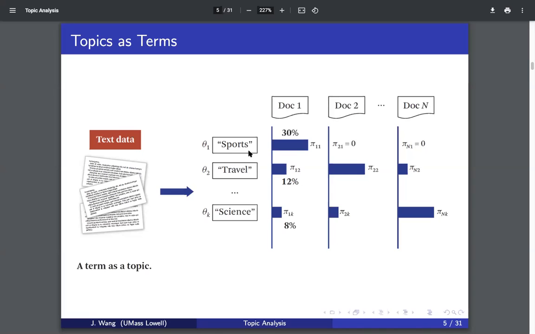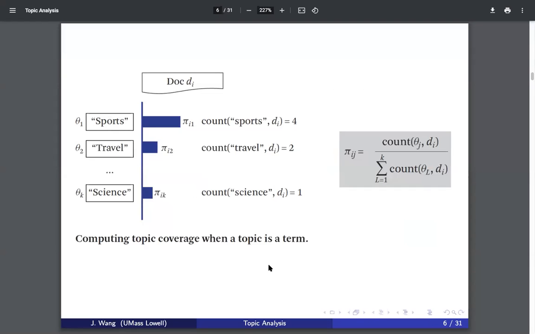That makes it easier, so you don't have to decide whether a word is really related to sports or travel, where there is always some ambiguity. We just look at these words. Sports here appears 4 times, travel appears 2 times, and science appears 1 time, so we can use maximum likelihood to come up with a count.